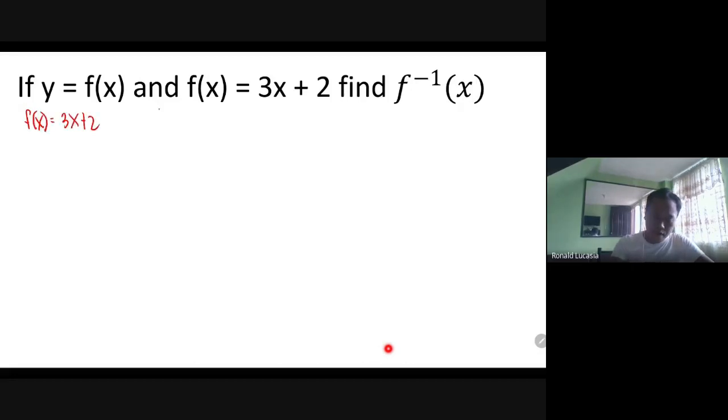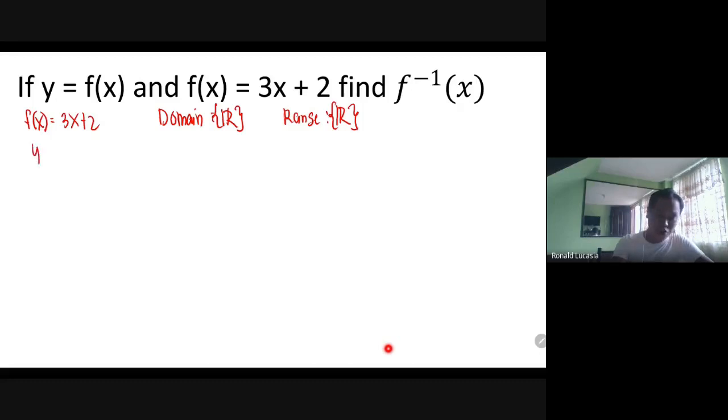By the way, the domain of the given function here, since that is a linear function, is of course the set of all real numbers. And the range here, dahil yan ay linear function, is the set of all real numbers din. So wala siyang restriction, meaning to say lahat po pwede.